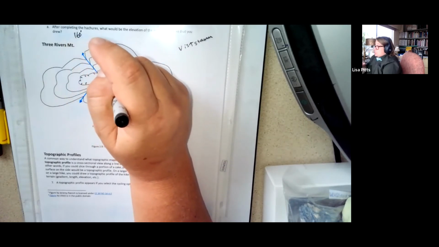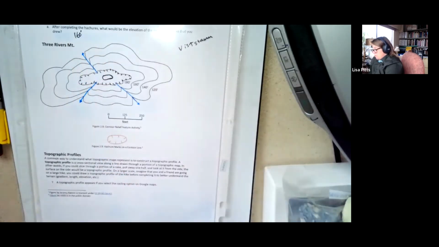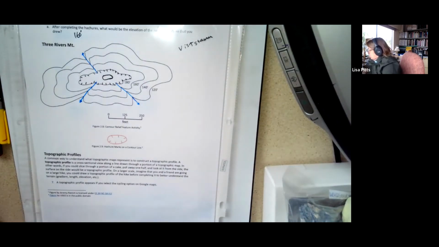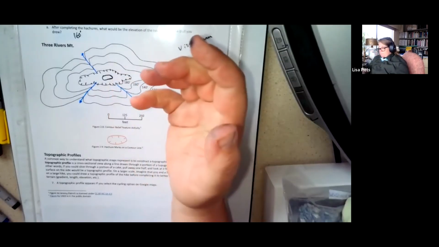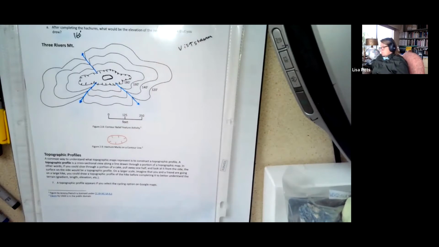The rivers don't actually flow out of the lake. It's a basin more than anything. So to call it a Three Rivers mountain is not appropriate because, I guess it's a mountain until you get to this lake, and then it looks more like a caldera than anything else.